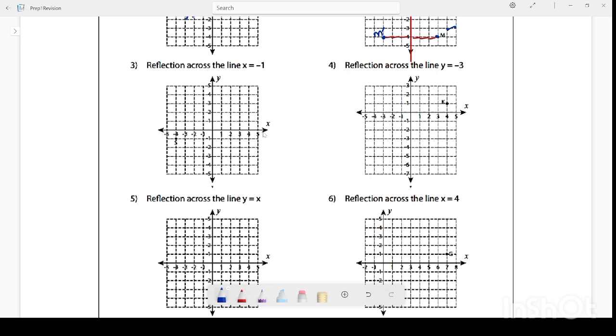Now come to the next one. It says x = -1. So at point -1 on the x-axis, we'll draw a vertical line. This vertical line is x = -1, and at this line we'll look at where the point is.